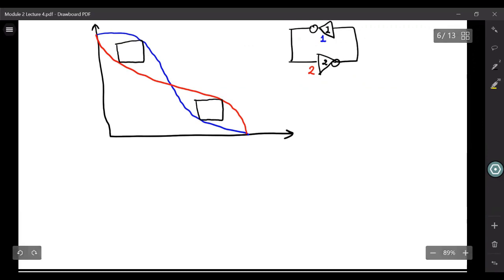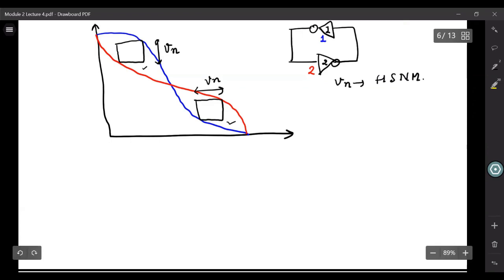They call the side of the maximum square that can be fitted in these lobes Vn. So you have two lobes, and the size of the maximum square that can fit inside those lobes is called Vn, and this Vn is your hold static noise margin.